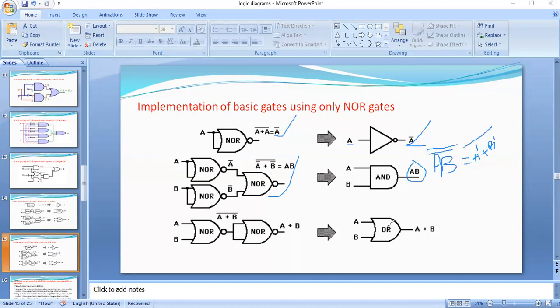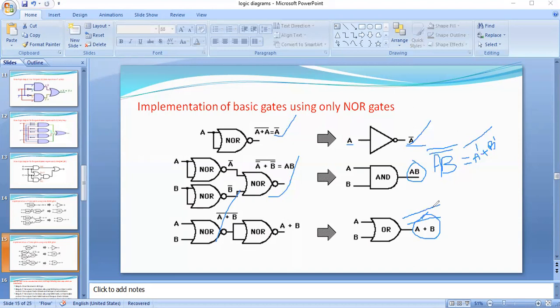If you want to implement this OR function using NOR gates, see here, what is the OR gate function? The output is A plus B. So just simply here, I am applying a double whole bar. So (A plus B) whole bar. Instead of (A plus B) whole bar, we can draw a NOR gate.